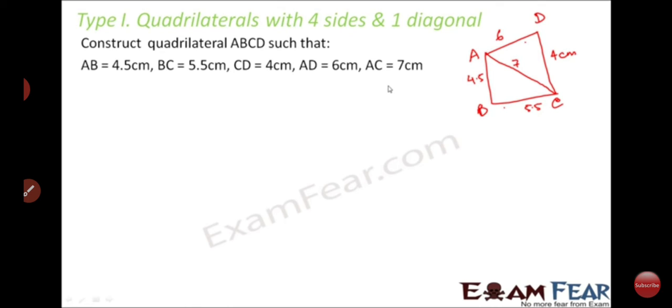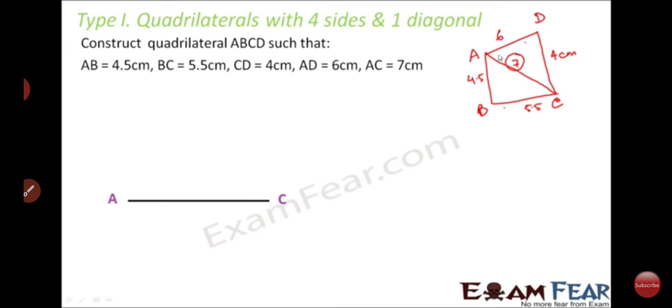Now let's start. First of all you have to draw AC, because AC is 7 centimeter, so draw AC 7 centimeter. Understand? Because 7 is the greatest value, first of all draw AC. AC is equal to 7 centimeter.